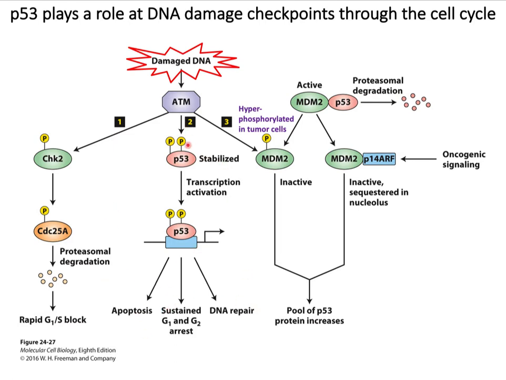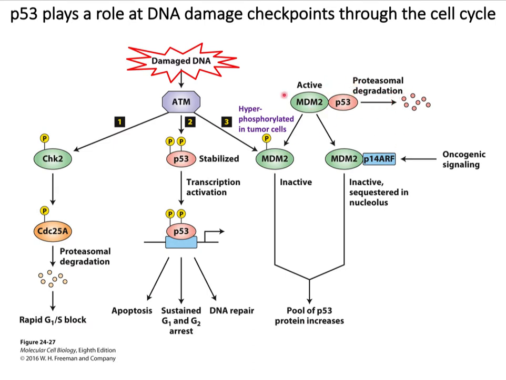The third way in which ATM, and this is related to p53, can halt the cell cycle upon damaged DNA is that it phosphorylates a protein known as MDM2. The normal function of MDM2, when it is not phosphorylated, is that it binds to p53 and marks it for proteasomal degradation.